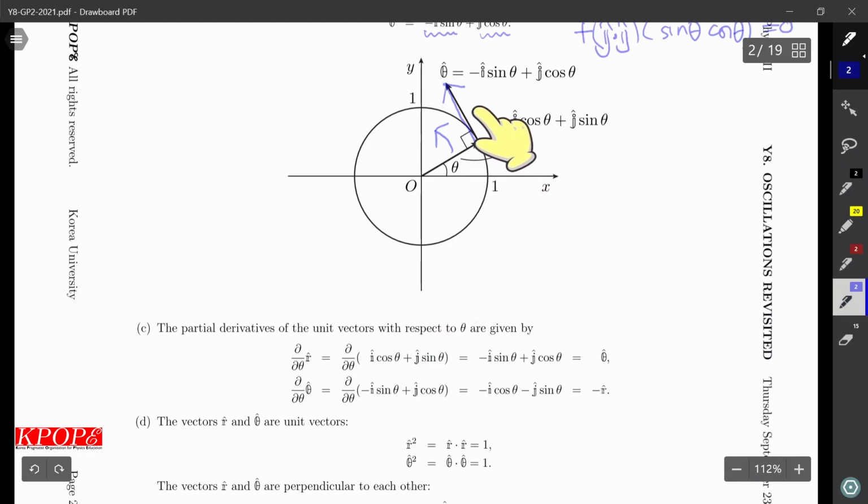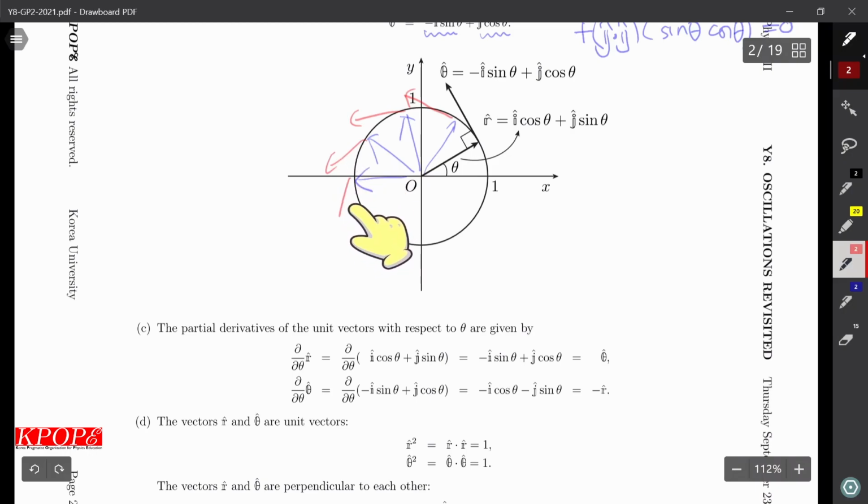So we have the unit radial vector and the unit vector along the polar angle. These vectors depend on the angle: r hat changes depending on angle, and theta hat changes depending on angle. So why don't we take the derivative?